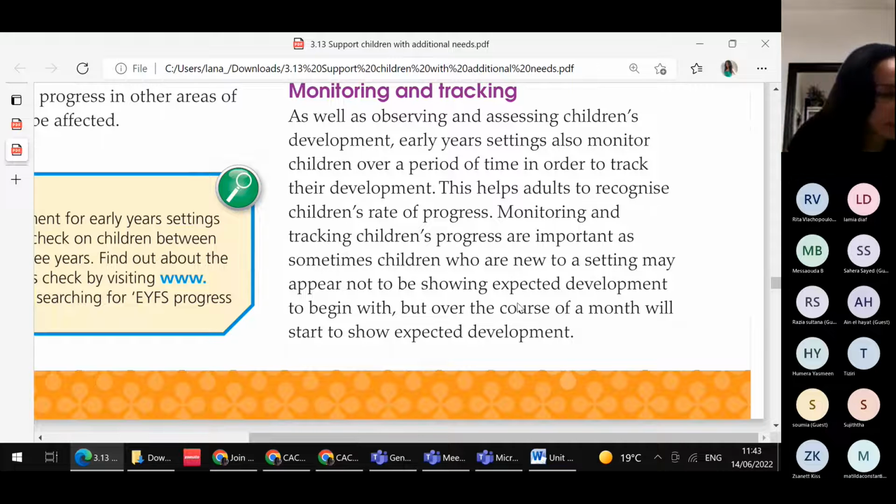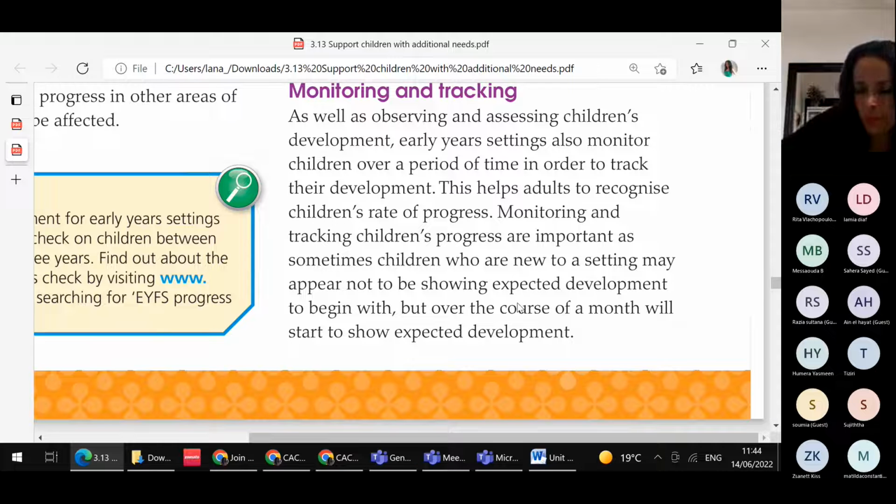Did he do this today? Did she do that yesterday? How much have they developed from a month ago or a year ago? So this is all monitoring and also tracking. This helps the adult to recognize the child's rate of progress. Is he progressing 10% every year?